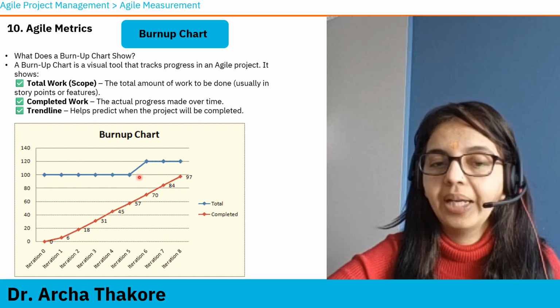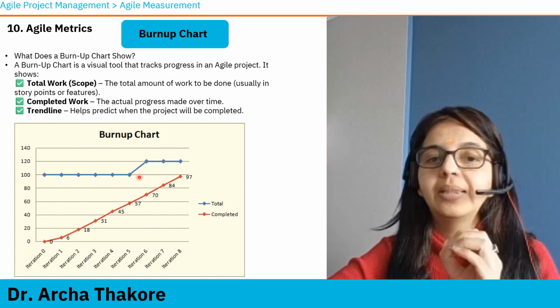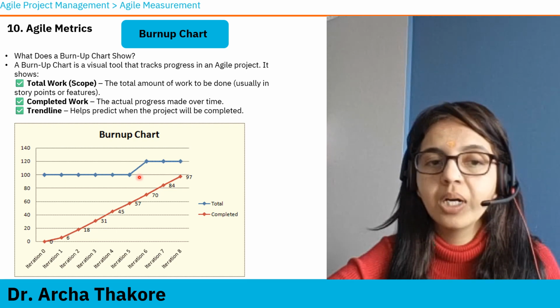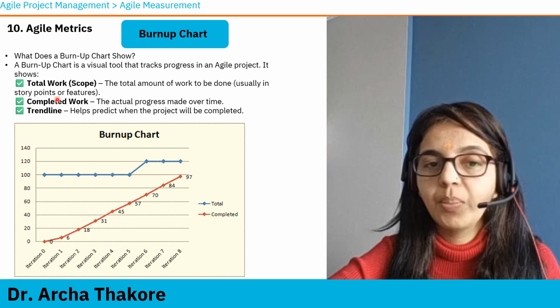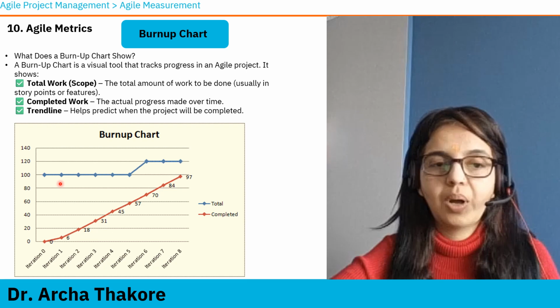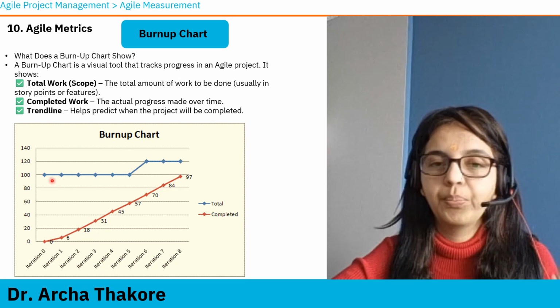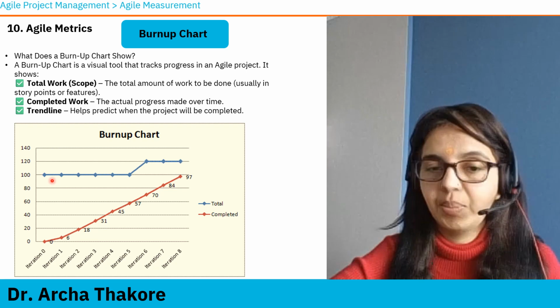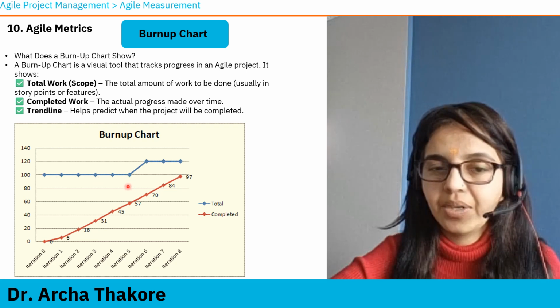The blue line is the total amount of work. Usually it is expressed in story points or features, let's say story points for now. 100 story points is the total expected product backlog that the team needs to complete. So this line shows the total. Now, very interesting.